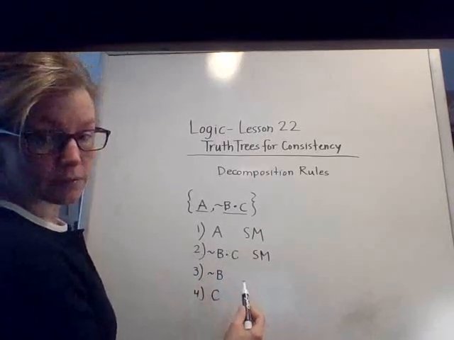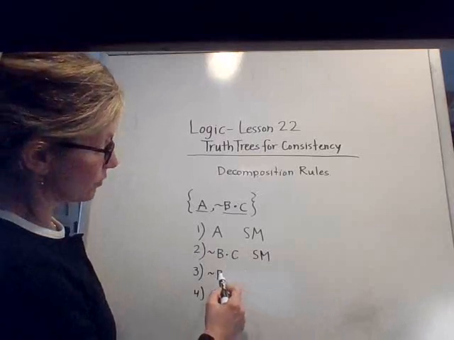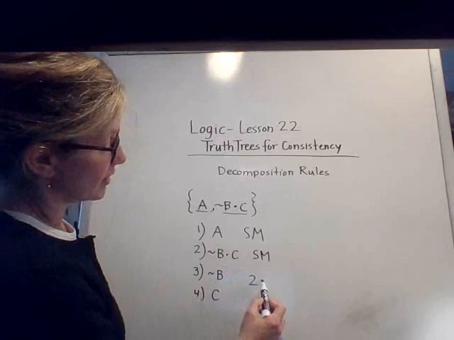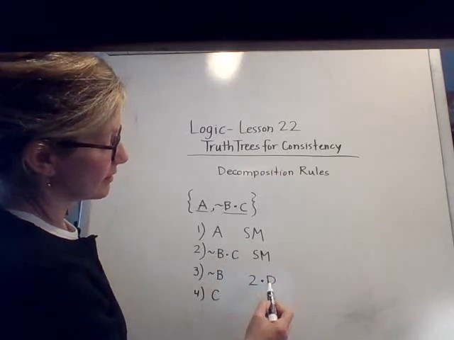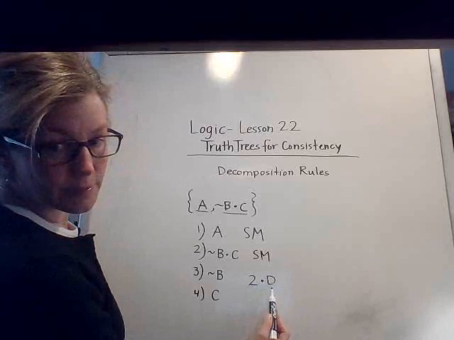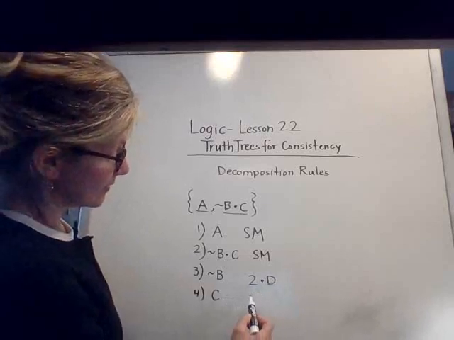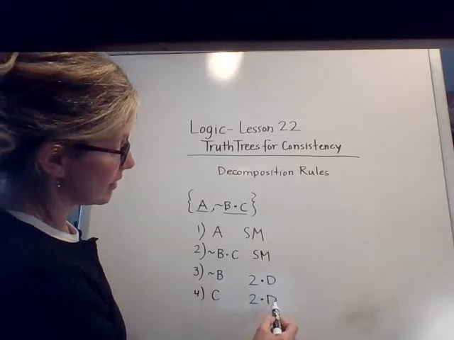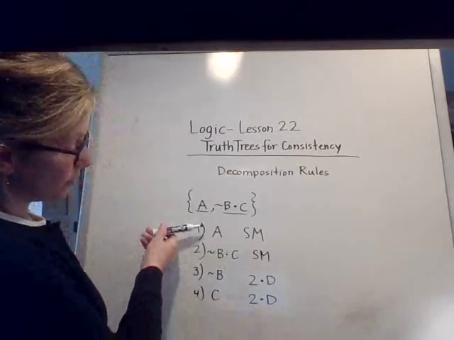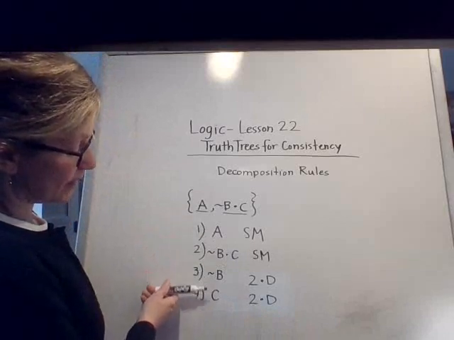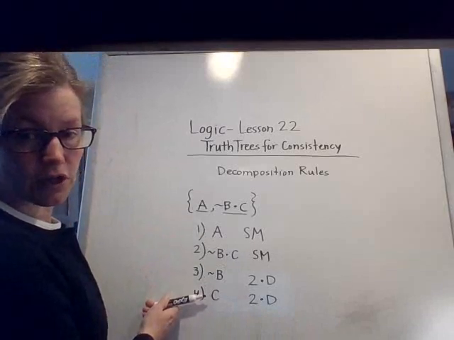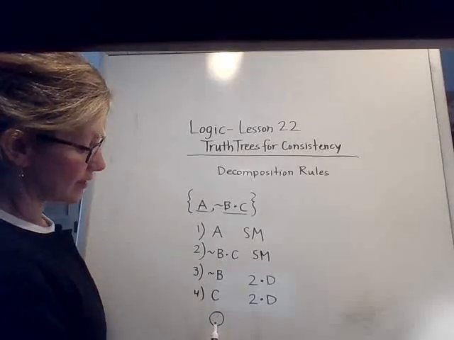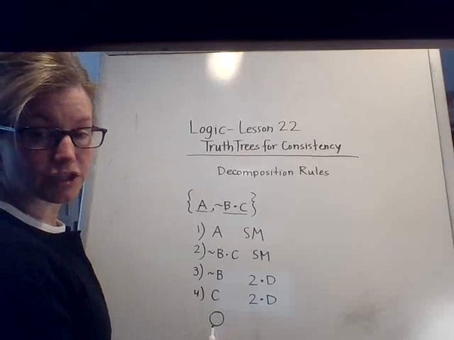Now we have to label how it is that we came to that. So we were using line 2, conjunction, and decomposition. The D stands for decomposition. And then C is the same thing. It came from line 2, conjunction, decomposition. And so we see here's an A, here's a not B, and a C. So there are no contradictions there. So we put a circle underneath to say that it's an open branch.